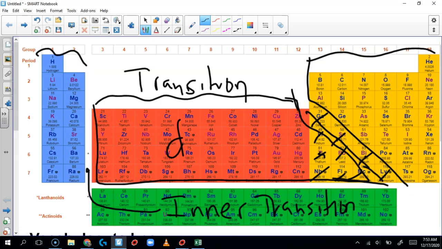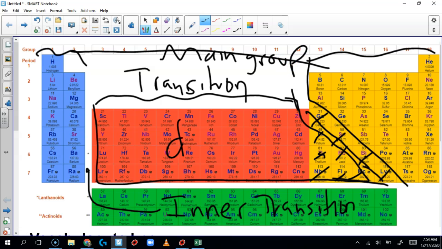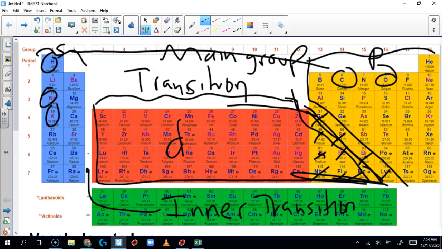This is the main group. These are the elements that are most common when we think of elements: carbon and oxygen and hydrogen and sodium and potassium, like the elements of life. It's not exactly true, but the main group is the S block plus most of the P block. It's slightly different because, again, remember, these elements are part of the transition metals.